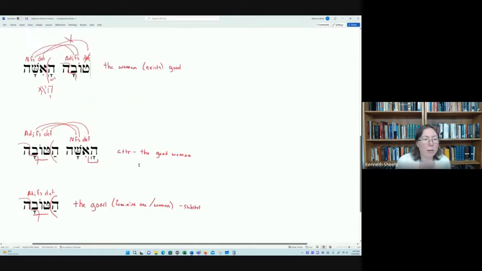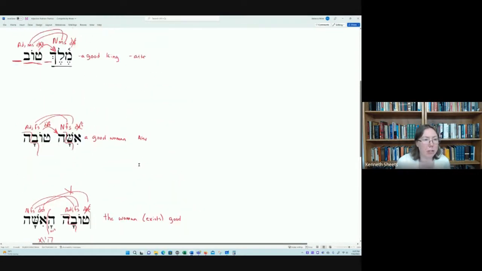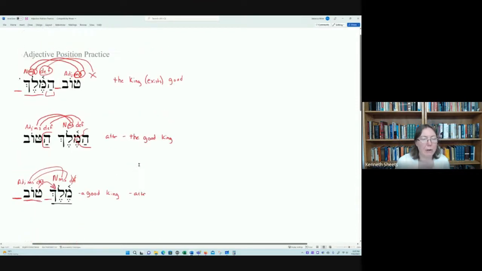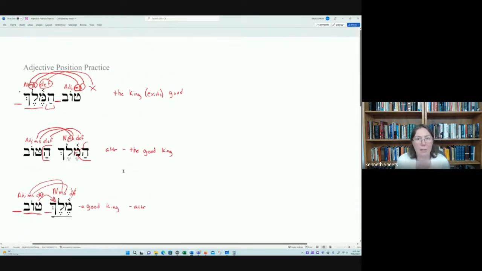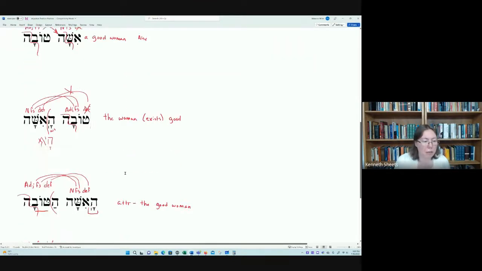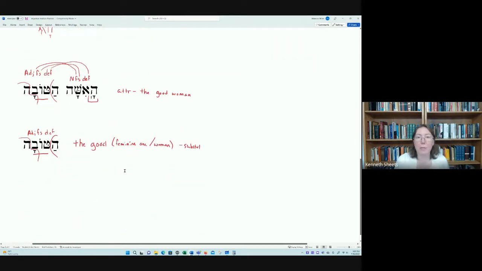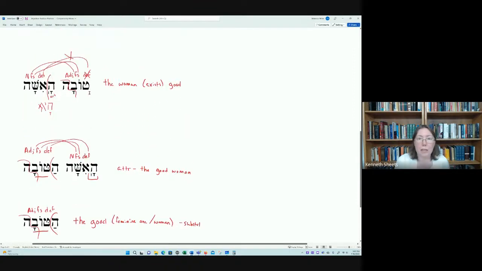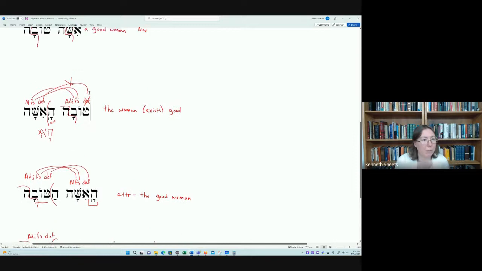So these are different adjective positions. That is how you determine their agreement with the noun that they modify. And let's just say it does become significant once you get into the text seeing these adjectives as well.